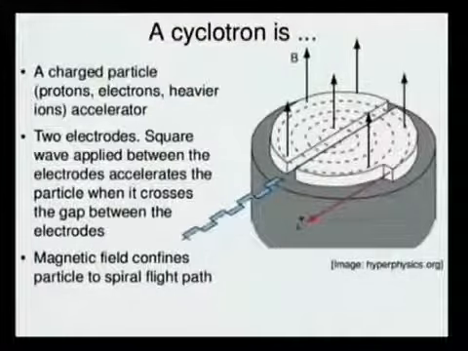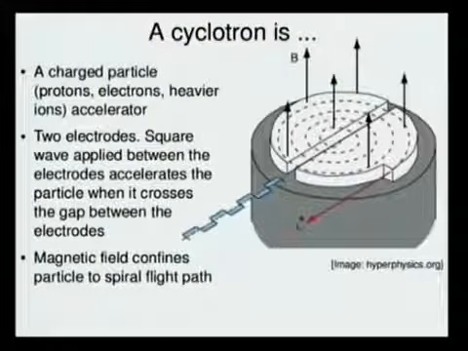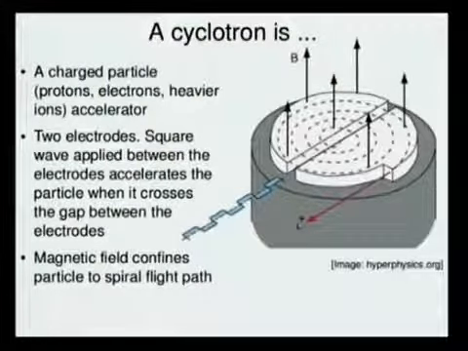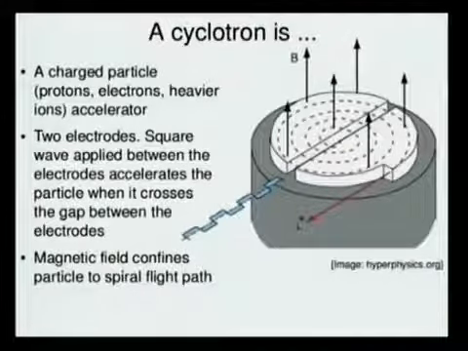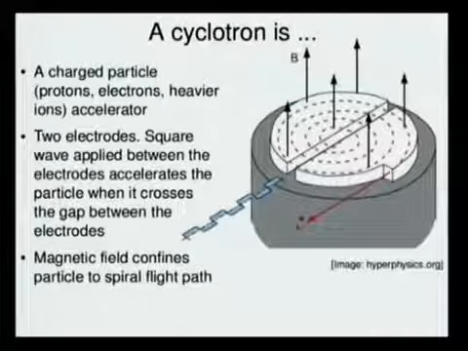Now, just starting very basically, talking about what a cyclotron is. It accelerates charged particles, things like electrons, protons, or heavier ions, using an electric field. It has 2 electrodes, and accelerates the charged particles across that field. They have to be charged particles because you're accelerating them using an electric field.